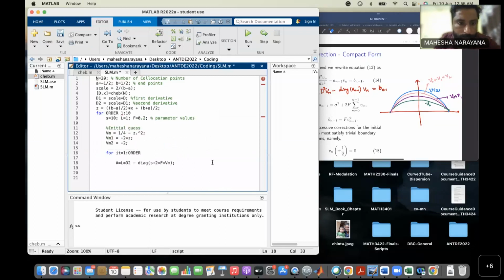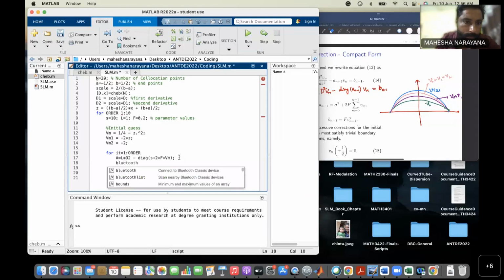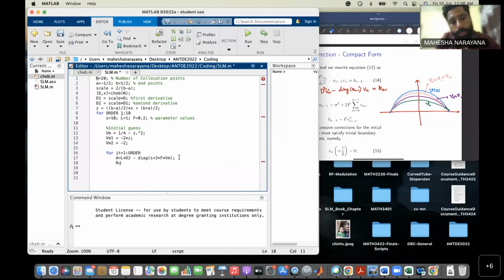And what else is required? You need to define the right hand side. So I'll just use B. Oh, B is already used. Symbol B is used, so I'll use R for the right hand side. So R is equal to what? R is given by just F into Vn minus 1 square.